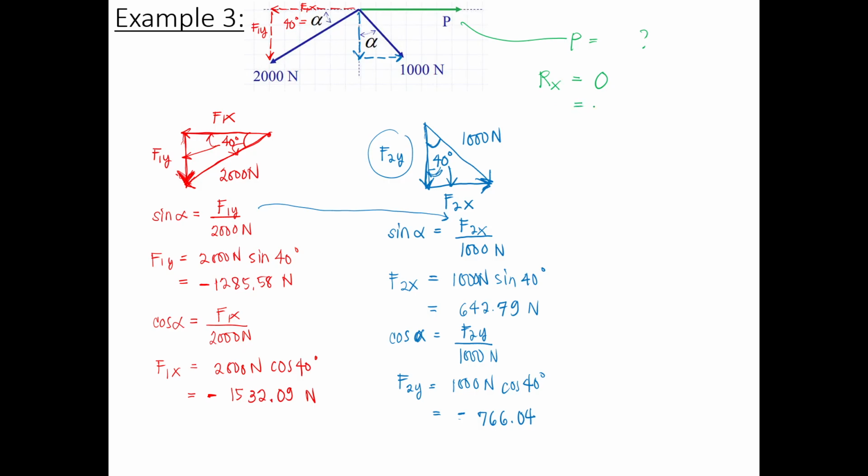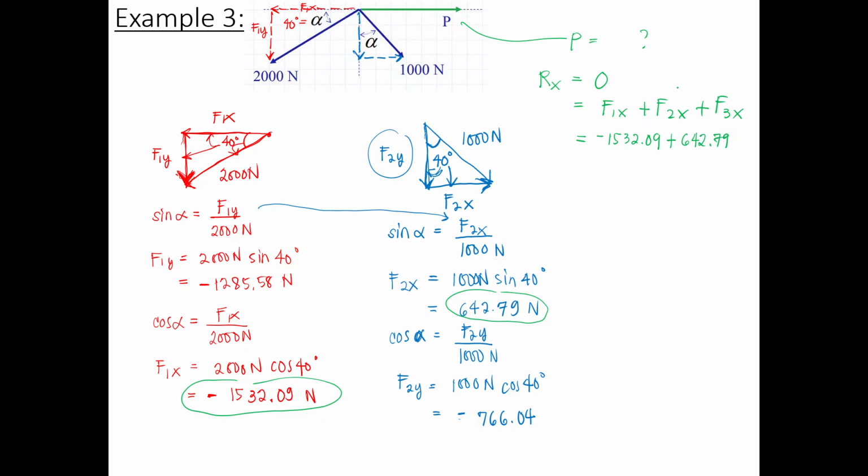So this is F1x plus F2x plus F3x. F1x is negative 1532.09, plus the second horizontal force, which is positive 642.79.